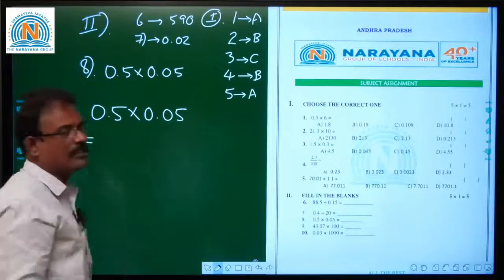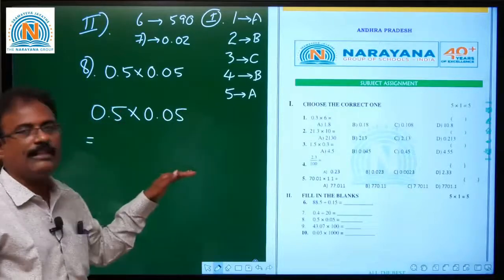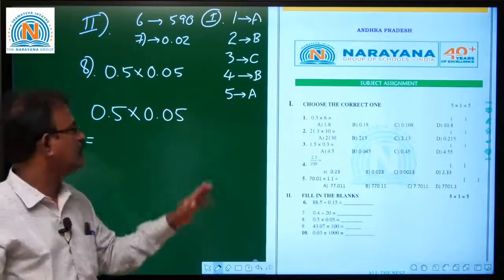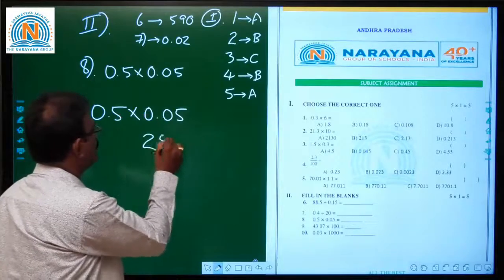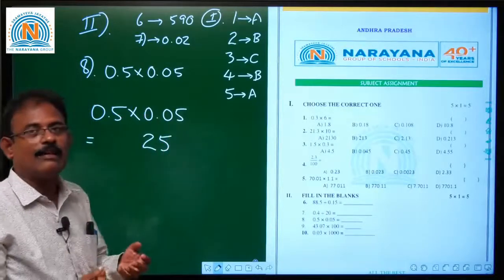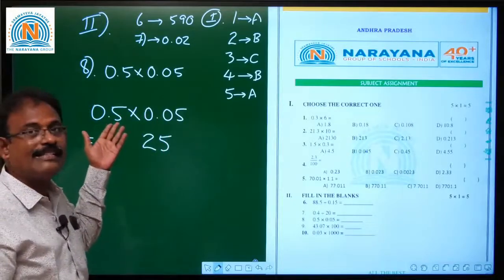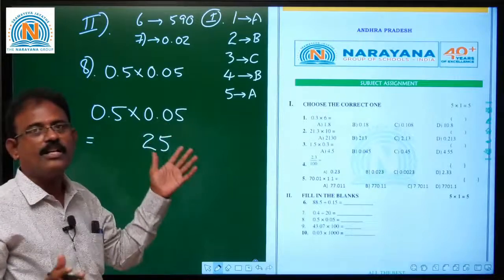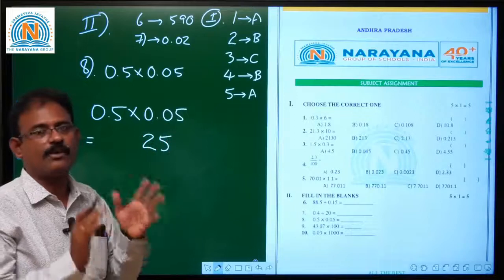I told you already, whenever you are multiplying decimal numbers, let us forget about the decimal point. Let us multiply only the numbers. 5 5s are 25. Now let us collect the position of the decimal point. Here we have 1 digit after the decimal point. Here we have 2 digits after the decimal point. Together we must have 3 digits after the decimal point in the product.